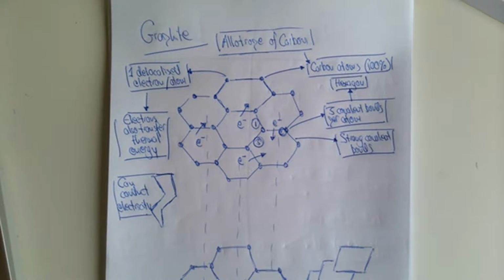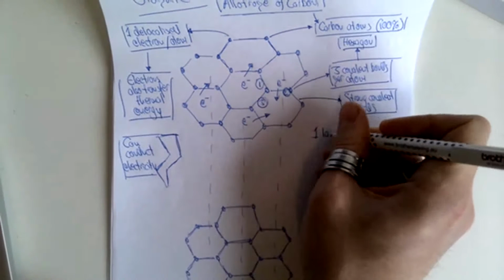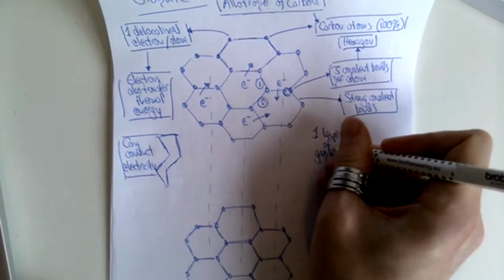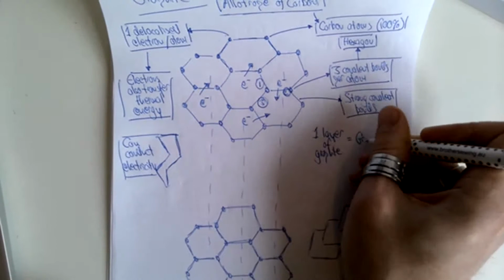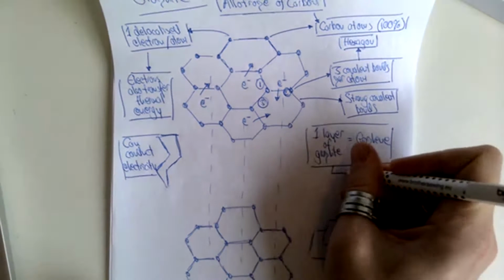Now, we create these layers of graphite, and one single layer of graphite is referred to as graphene.